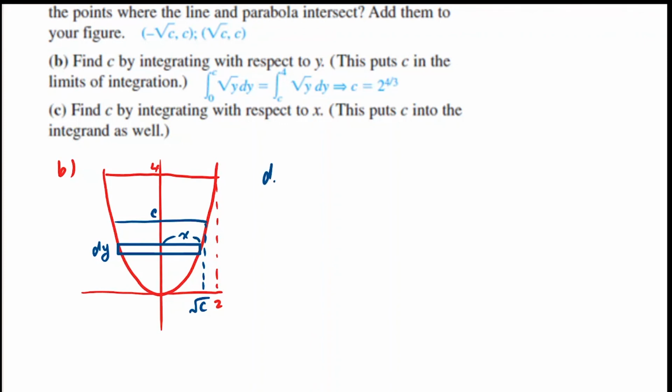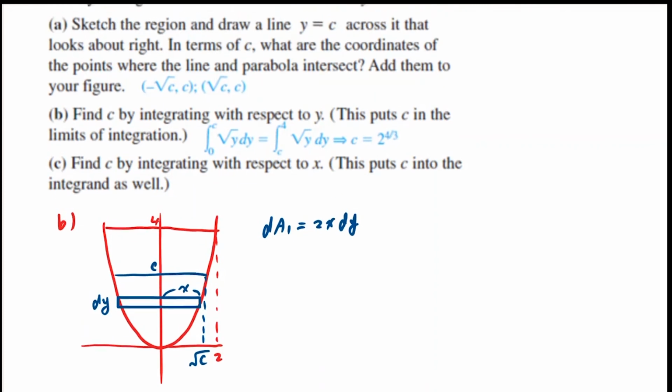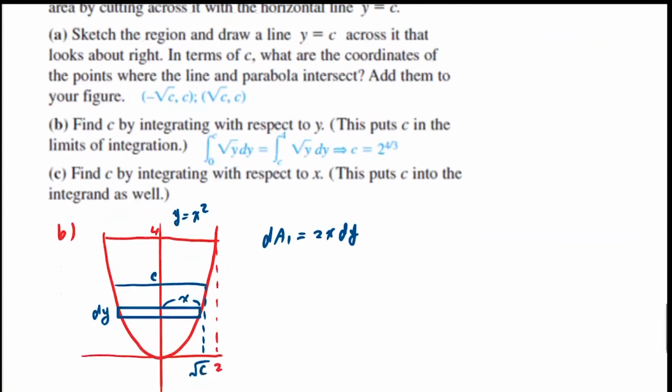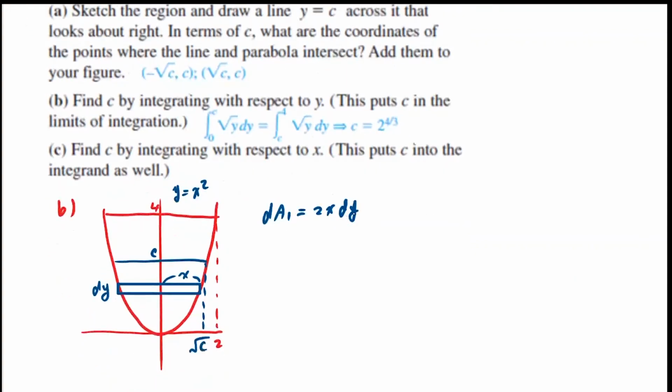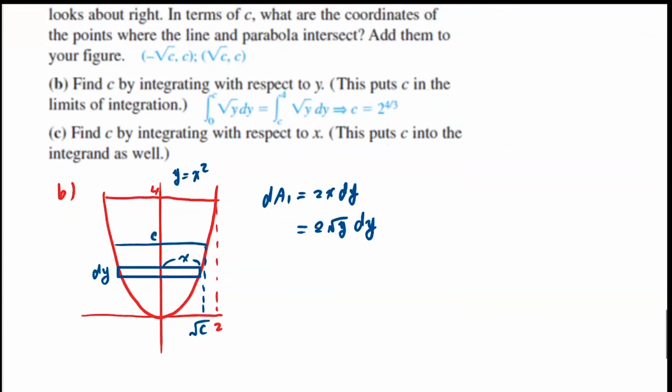So my dA, I'm going to call it dA1, the first part, and this is A2. dA1 is equal to 2x dy. And our function is y equals x squared. Do you see this function is y equals x squared? So x is equal to square root y, isn't it? You know what I'm saying? Say yes.